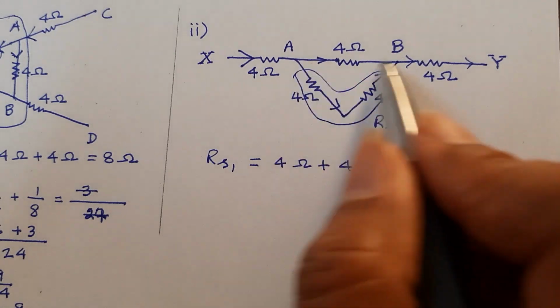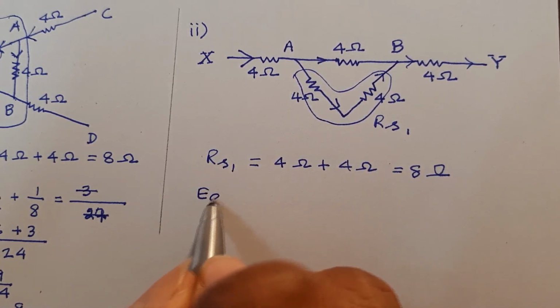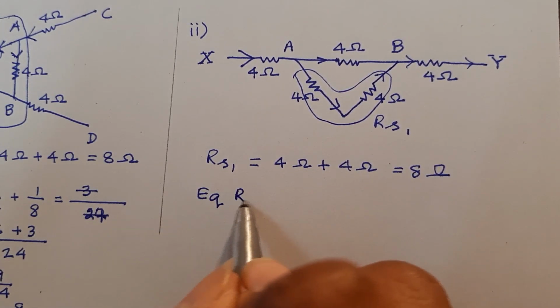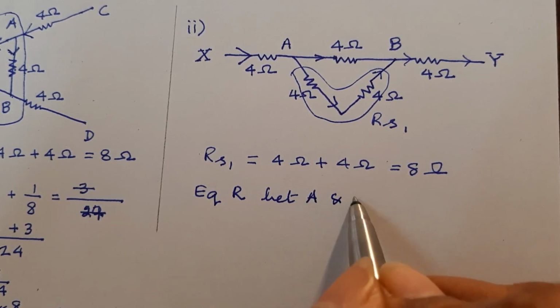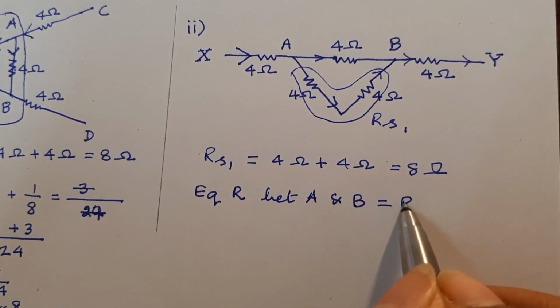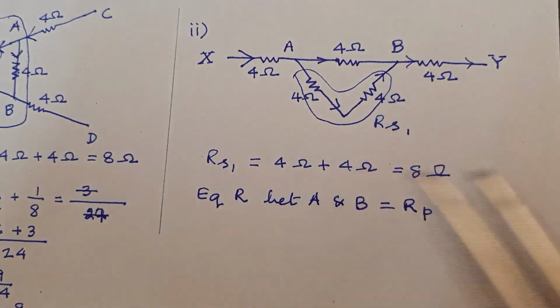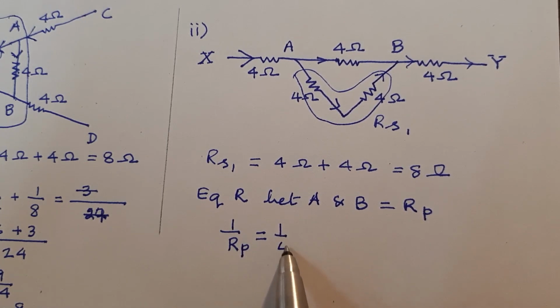Now this 8 and this 4, they are in parallel, so we'll just write it a little differently than the earlier question. Equivalent resistance between A and B is going to be RP because they are in parallel, this one and this one. And so we will have 1 upon RP is equal to 1 upon 4 plus 1 upon 8.